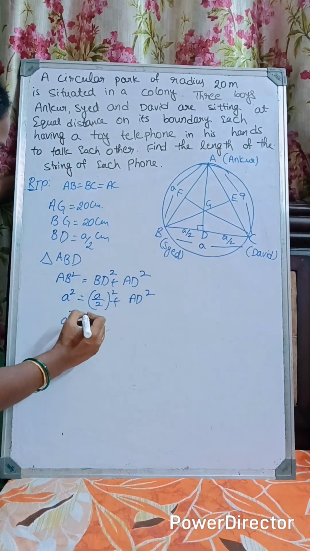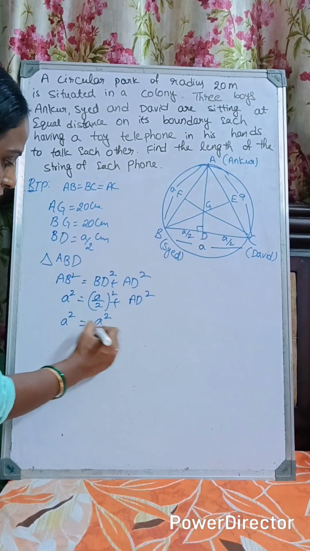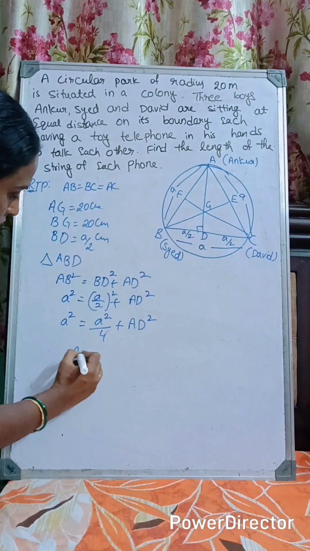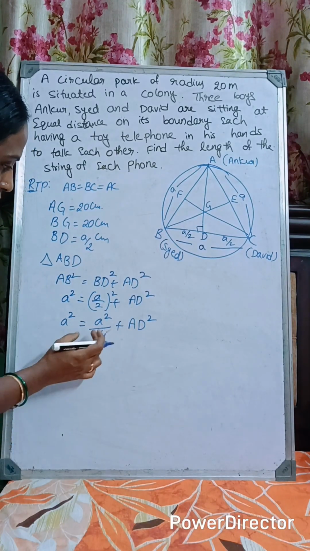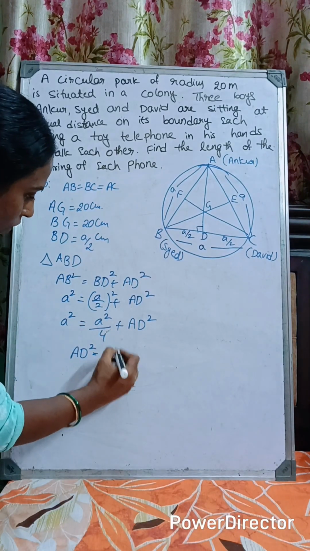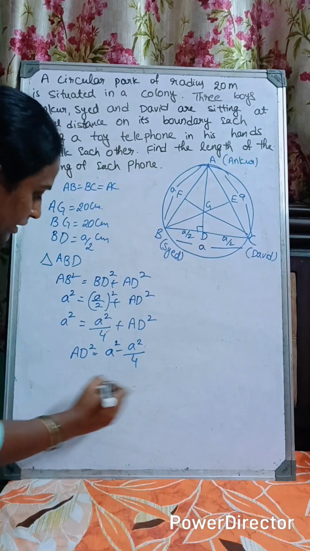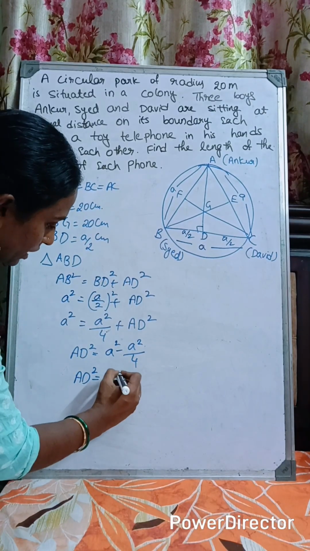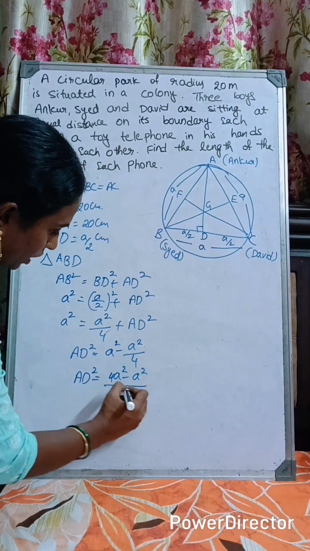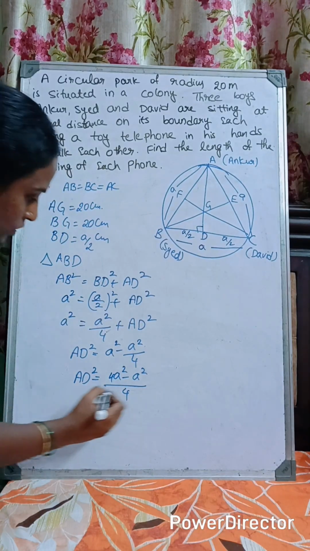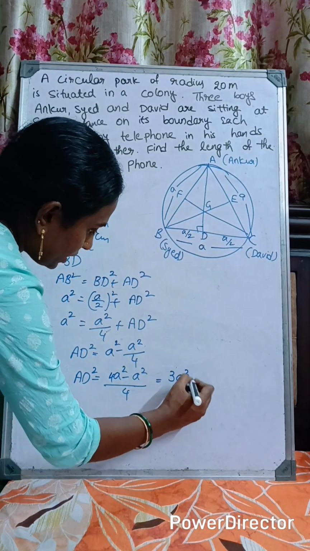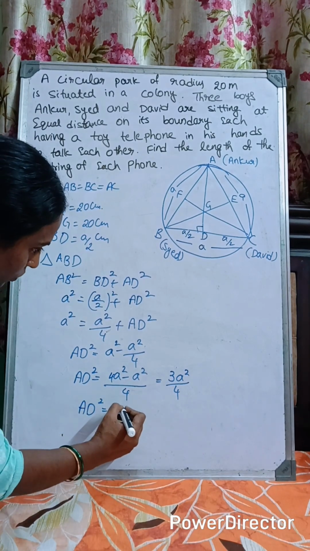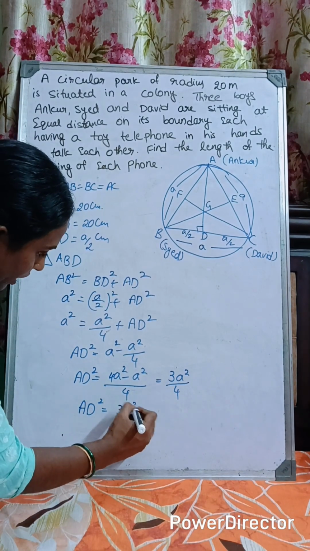Now A square is equal to A square by 4 plus AD square. So from this, AD square is equal to A square minus A square by 4, which is 4A square minus A square by 4, that is 3A square by 4.